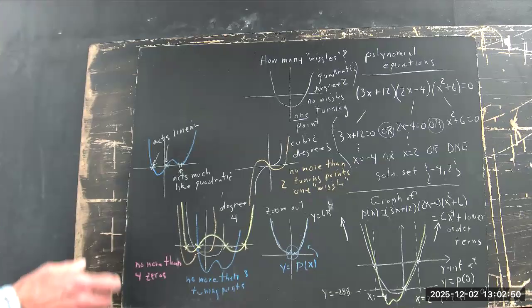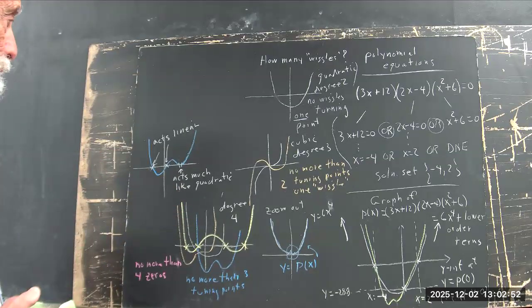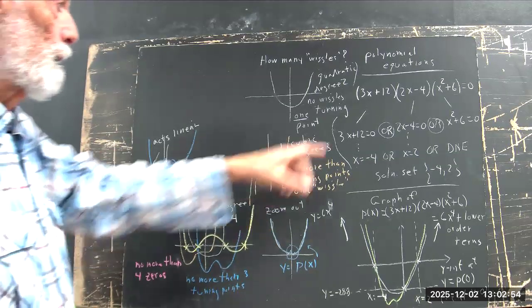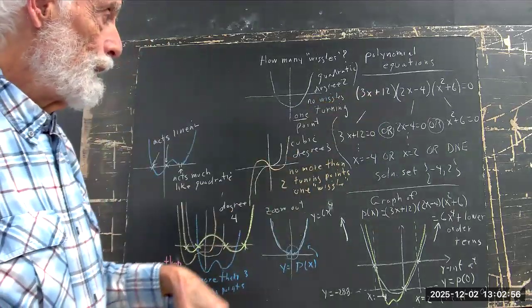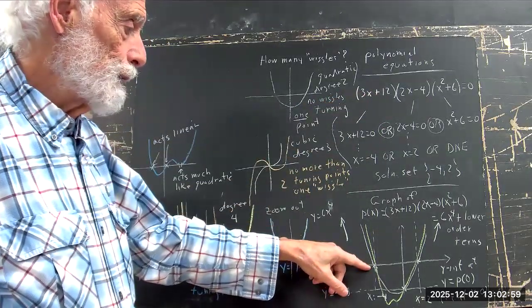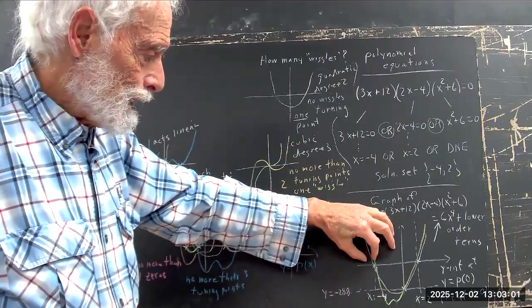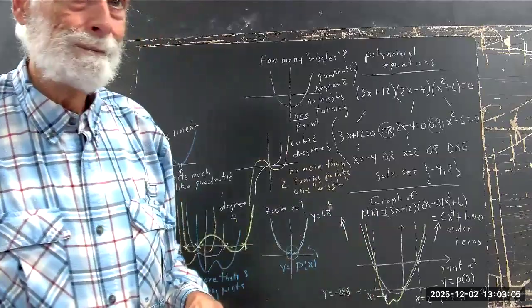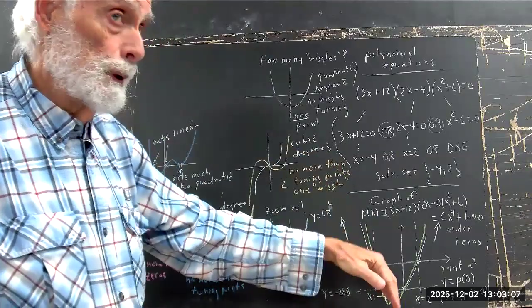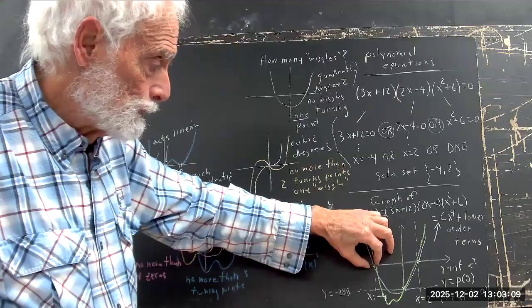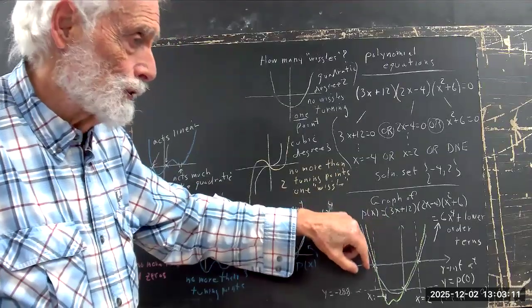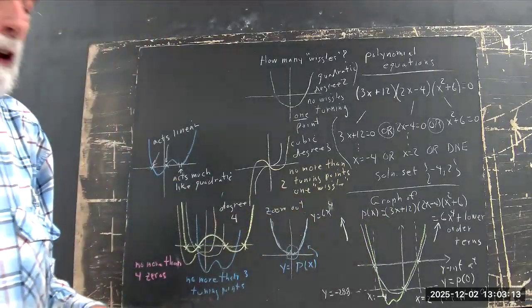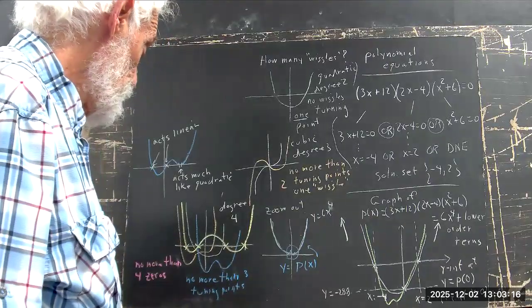You would touch it like a parabola. If we just have a 3x plus 12 factor, as it does here, it goes through, and in the vicinity of this zero, it acts like a straight line. It's really curving a little bit, but if you look real close to here, you can't see the curvature. You could calculate it, but you can't see it.